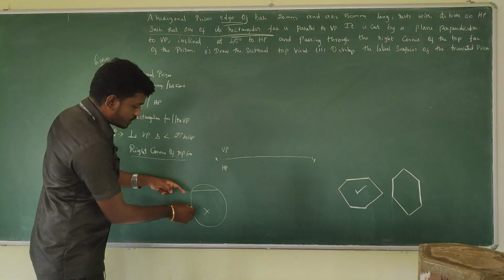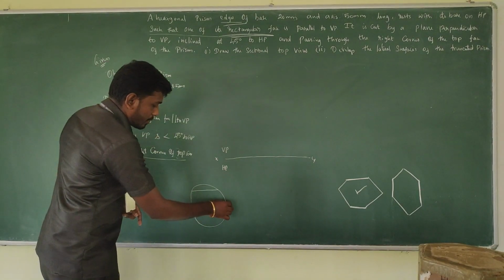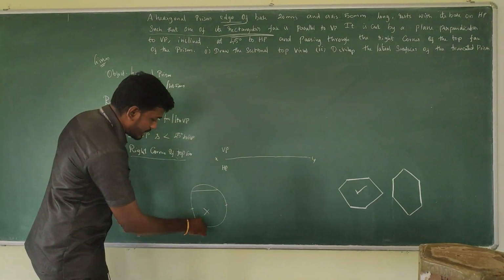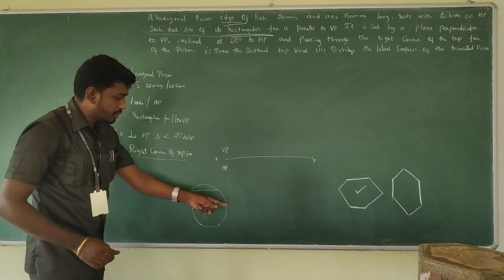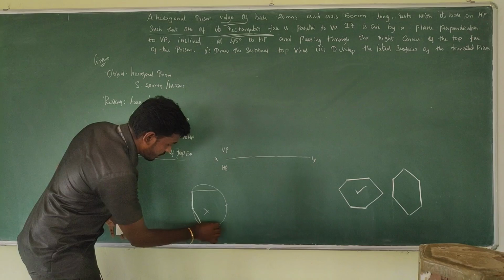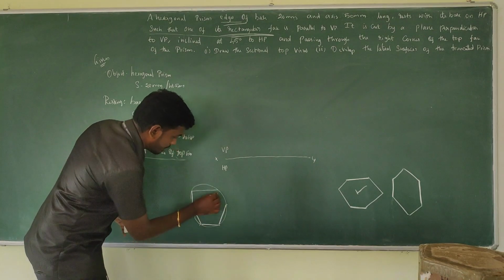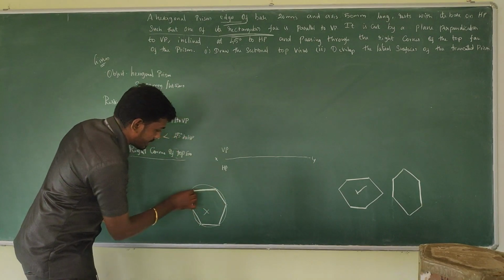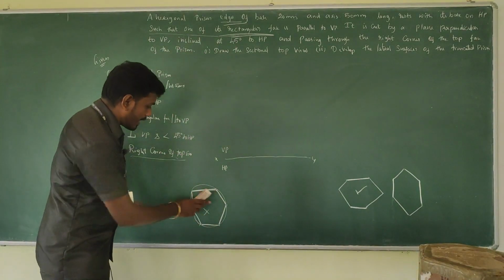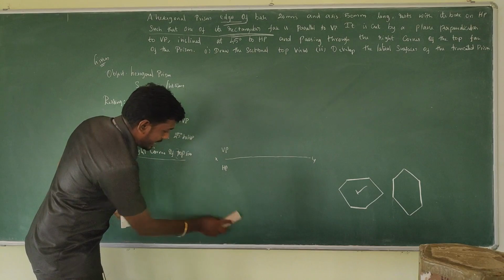From this end you cut the circumference, from this end you cut the circumference, and from this end as well. When you connect them, we form the hexagon. So with the circle method, we form the hexagon like this. I hope you know how to make it.